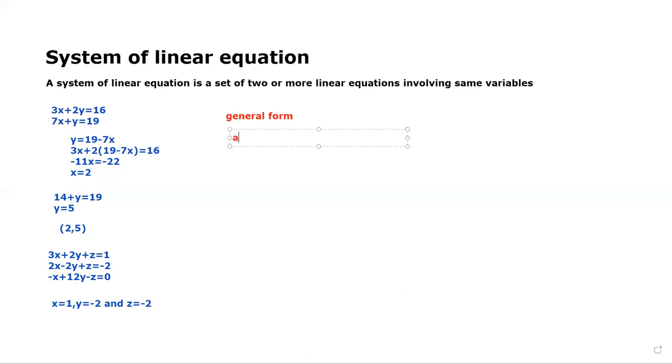So we can write a11 x1 plus a12 x2 plus, like this way, dot dot dot, plus a1n xn equals b1.